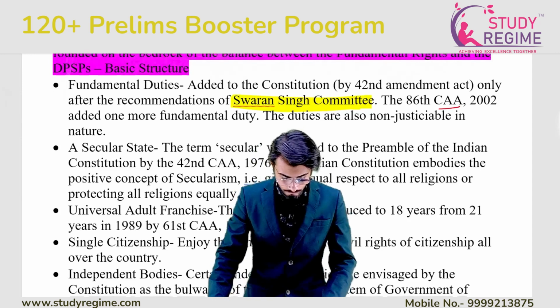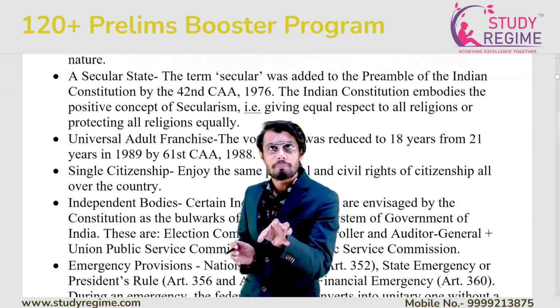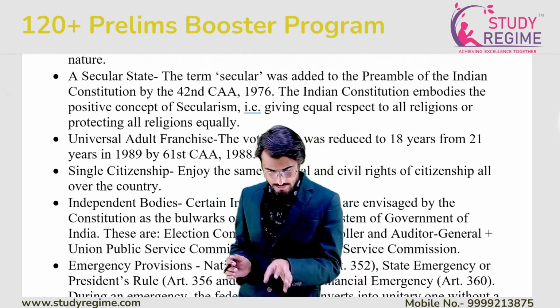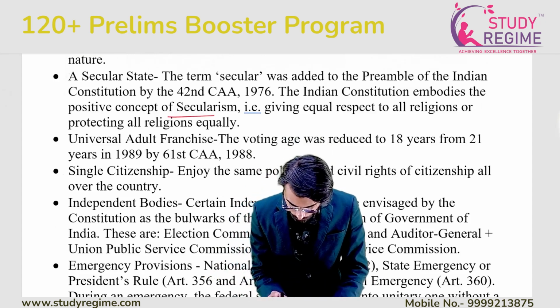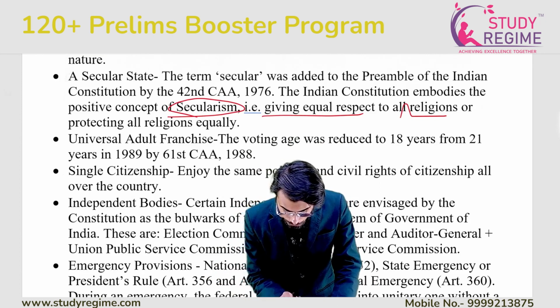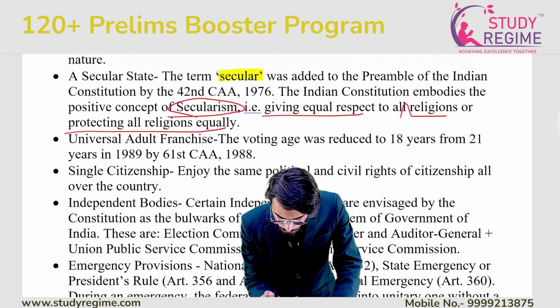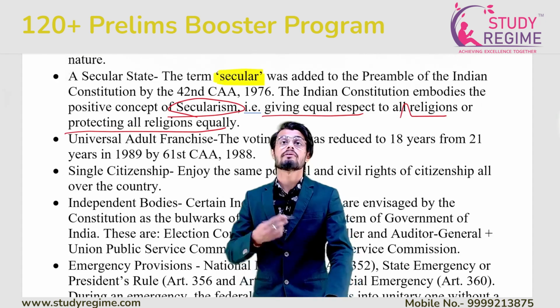Okay. A secular state, the term secular was added to the preamble of Indian Constitution by 42nd Amendment in 1976. The Indian Constitution embodies the positive concept of secularism, that is giving equal respect to all religions or protecting all religions equally. See, I have to make you people very sure what this secularism means.